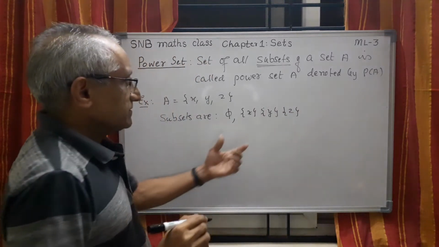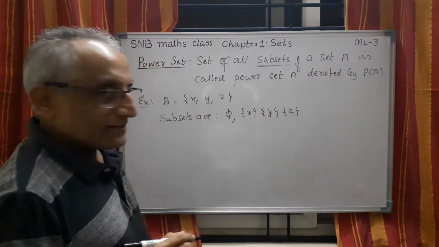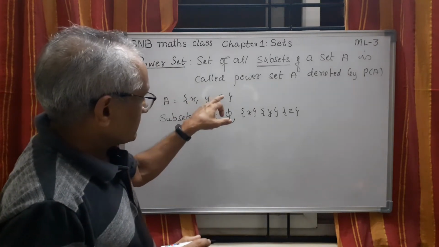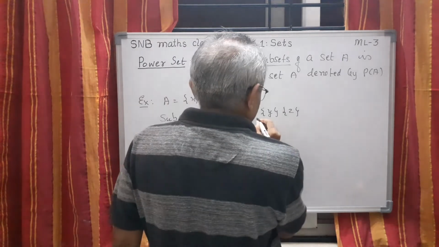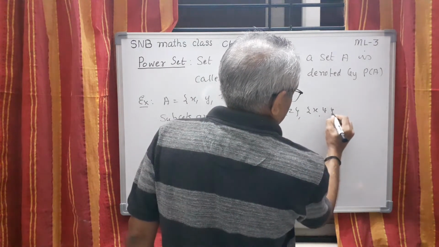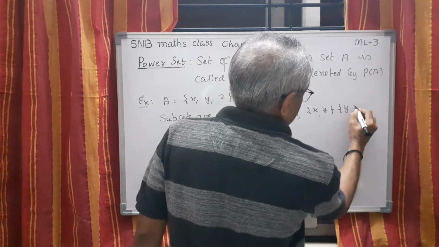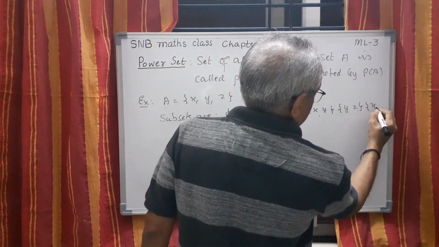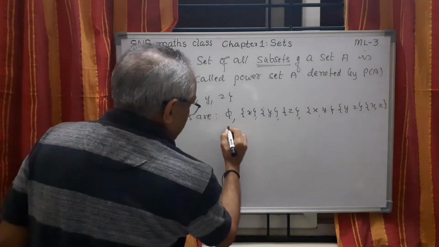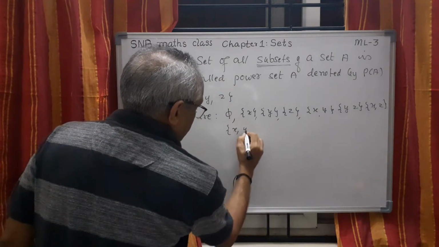So these are the 3 singleton sets. Then we can take {x, y}, then {y, z} and {x, z}. These are the sets which contain 2 elements. Then the last one is the set itself, that is {x, y, z}.